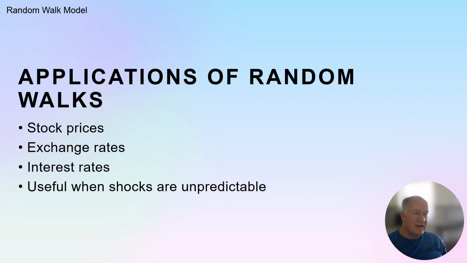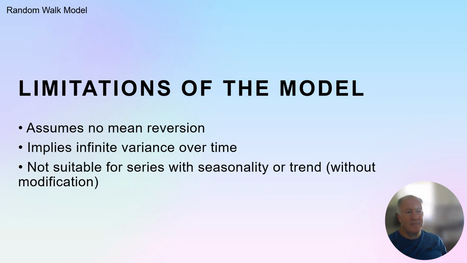So this is good for things like stock prices, exchange rates, and interest rates, and it's useful when shocks are unpredictable. The limitation of the model is that it assumes no mean reversion, and it implies an infinite variance over time.